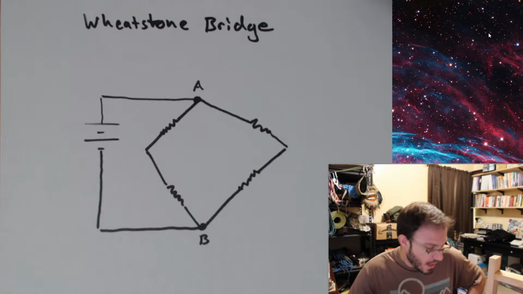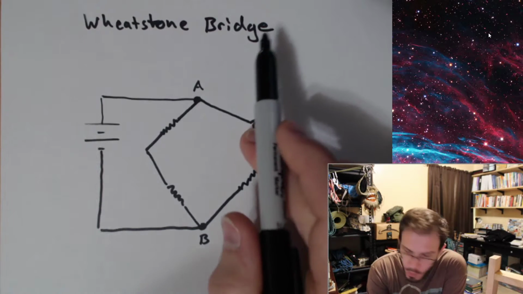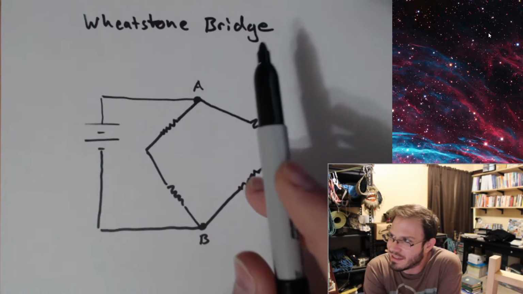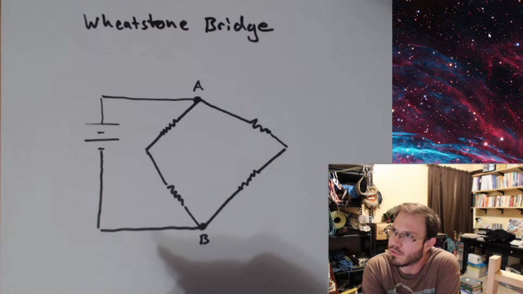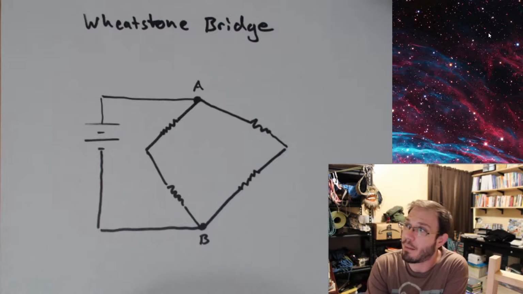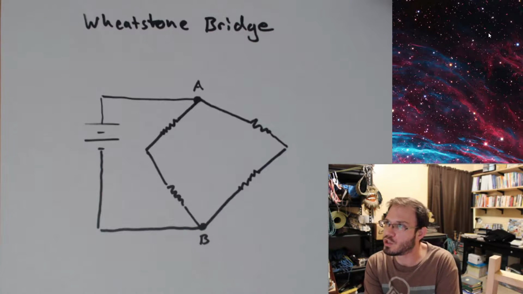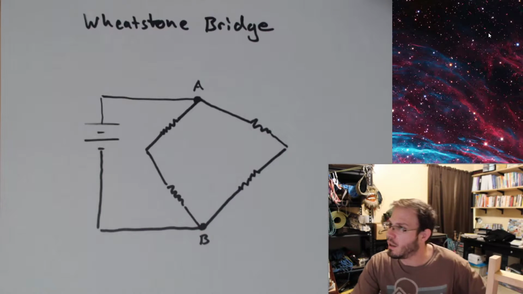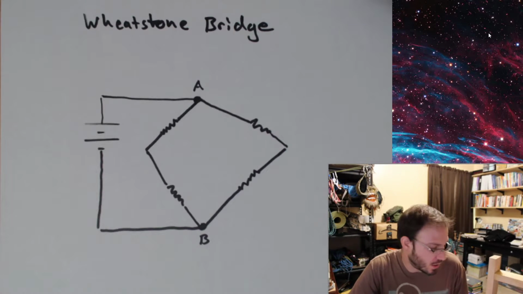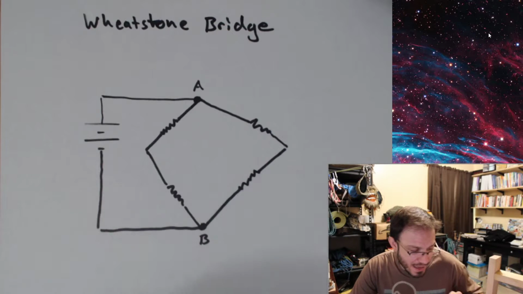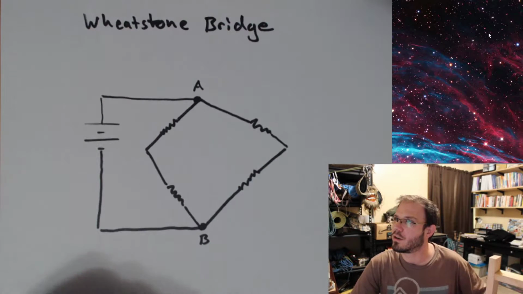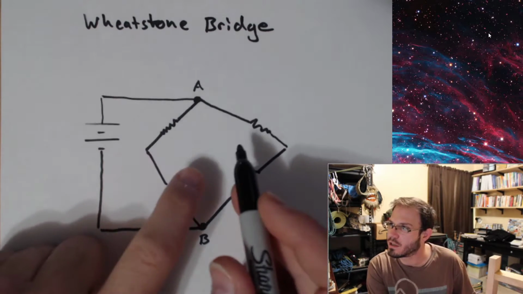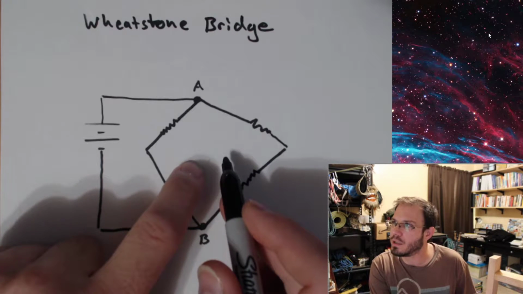Okay, now, when we mentioned bridges last time, we did delta-Y conversions, and I introduced at that point what a bridge was. A bridge was just having two parallel branches where the center of both parallel branches end up being connected to each other some way. Now, for the Wheatstone bridge, the two center points are going to be connected with a voltage meter.